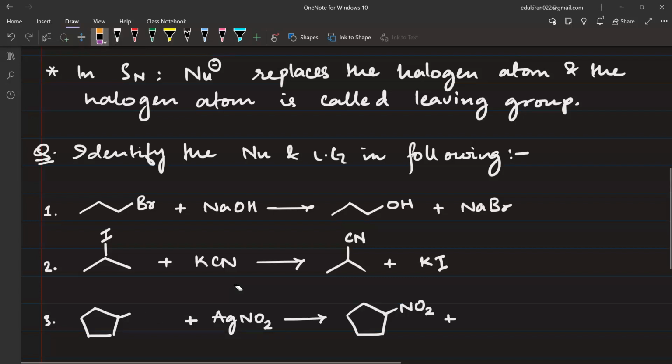My bad. Here you won't have NO2. Here you will have, let us suppose, chlorine. So you get AgCl. So you have to identify what is the nucleophile and what is the leaving group in the following.